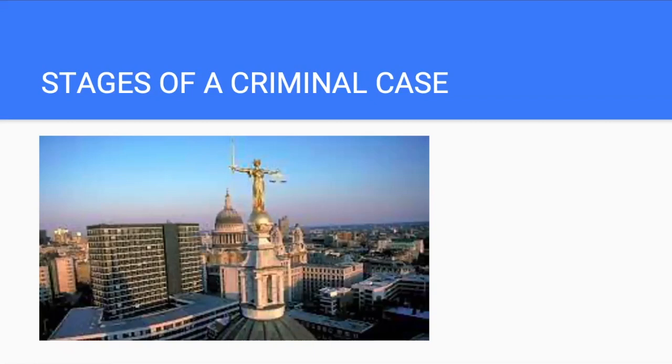Alternatively, in a case which involves a point of law or jurisdiction, the defendant may appeal instead to the High Court. Now, this can be done in two ways. The first is to ask the magistrates to state a case for the opinion of the High Court, known as appeal by way of case stated.